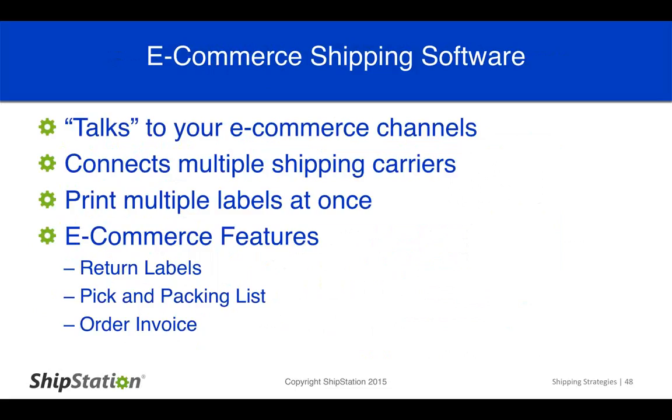All the carriers and services I mentioned earlier are integrated with ShipStation. There are other features it should offer, like the ability to create return labels, create product pick lists, create order packing slips, and maybe even a few features that you don't need now, but that you think could come in handy as you grow, like an advanced reporting feature. You want to choose a robust tool that you can grow into.